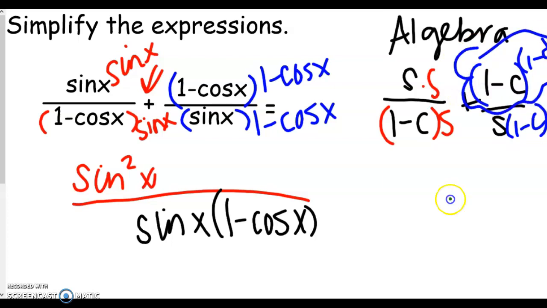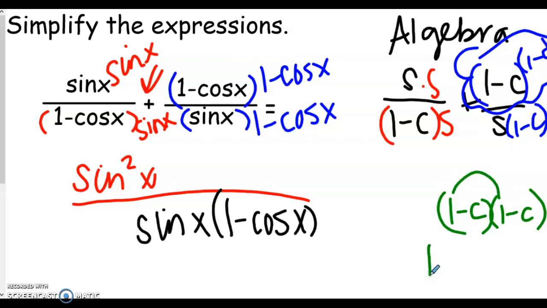If I do 1 minus c times 1 minus c, I'm pretty confident you'll get the 1 and the c squared. Will you get the minus 2c in the middle? You're like, what? Well, see how I go. The 1 and 1, negative c and negative c is plus c squared.